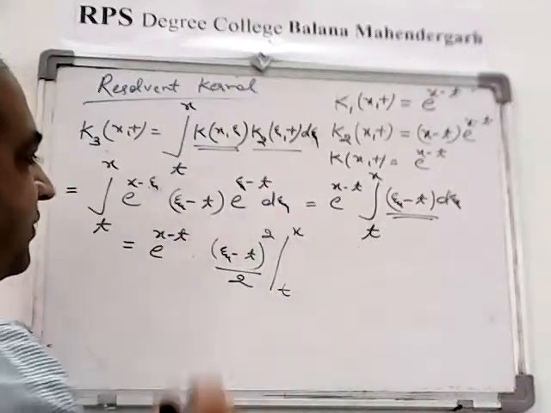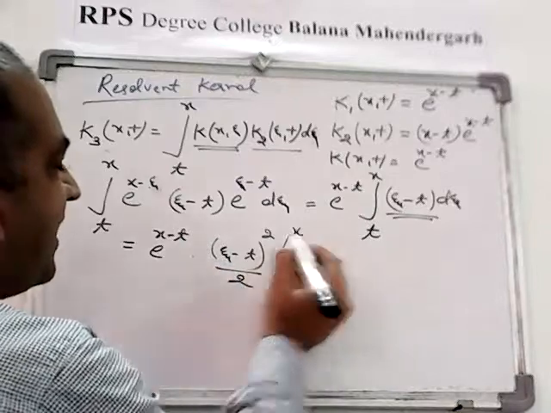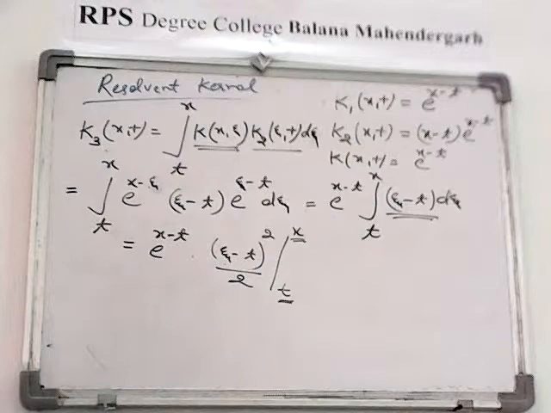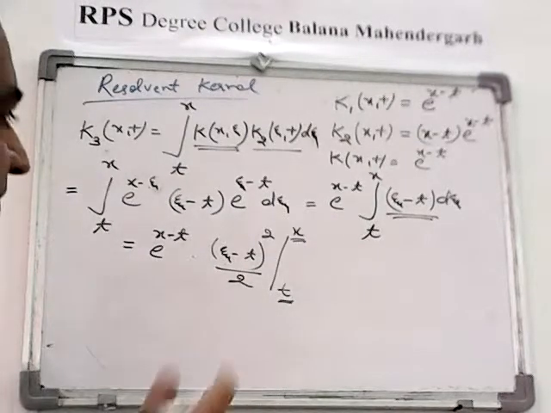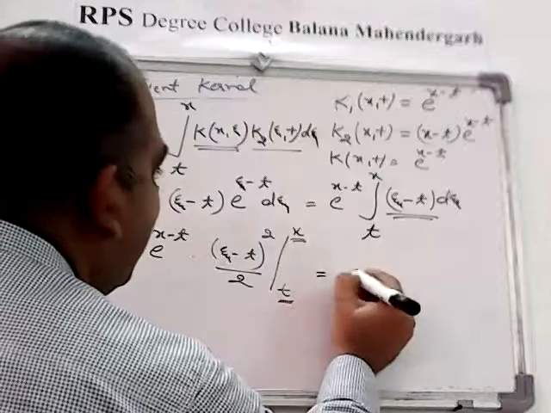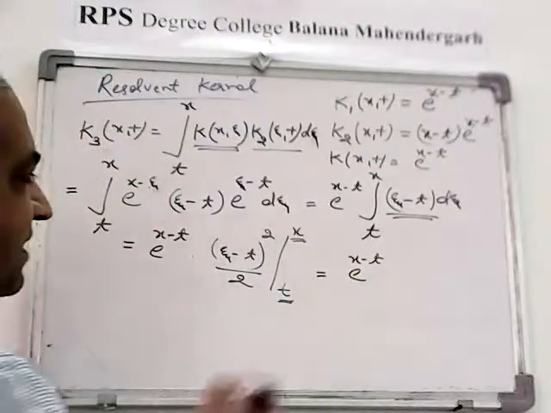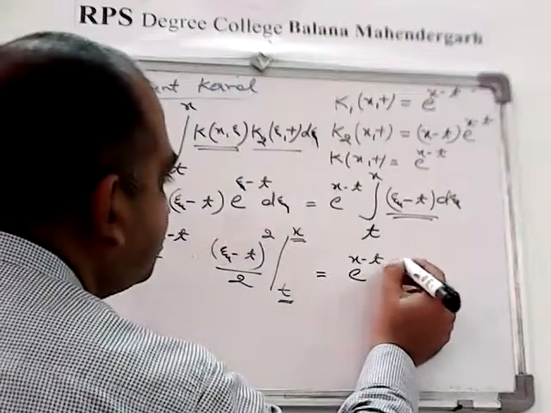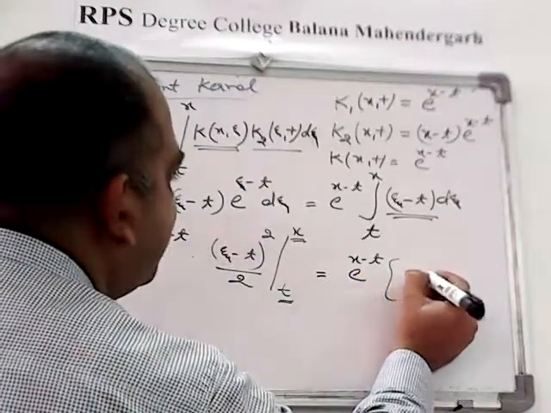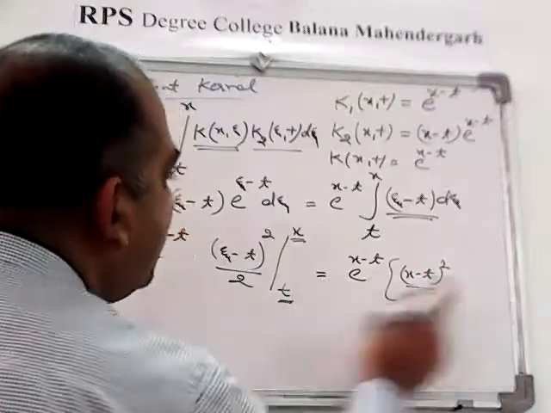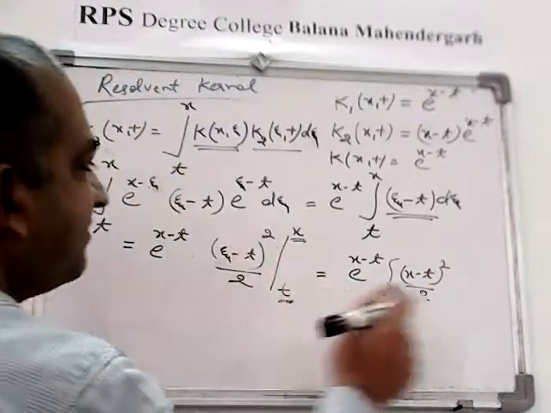In place of xi we have to insert x as the upper limit, and in the lower we have to put t. So we will get e raised to power x minus t. When we put the upper limit, we will have x minus t whole square divided by 2, minus the lower limit t minus t, that is 0.